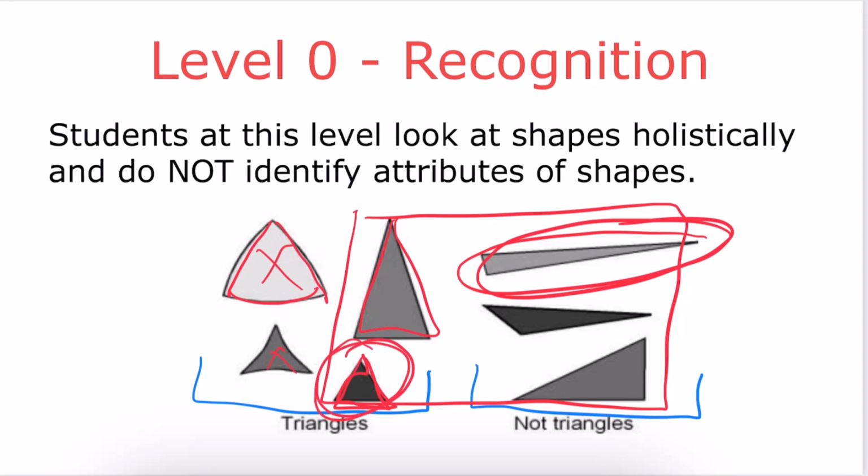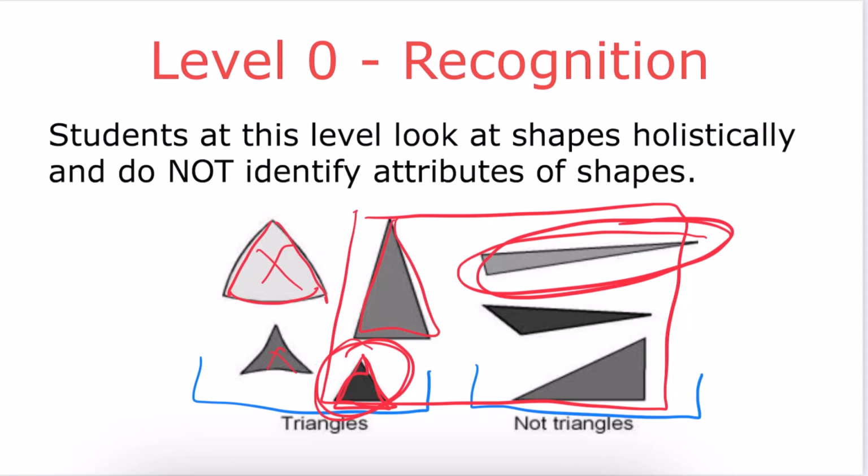And so at this level, students will often describe the meaning of what a shape is in terms of objects in their world. So they might say something like, a triangle is like a tent. So rather than saying a triangle is a shape that has three sides, they'll say a triangle is like a tent, or a rectangle is like a door.